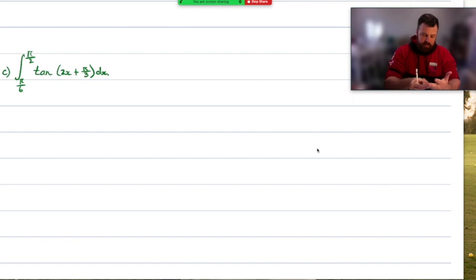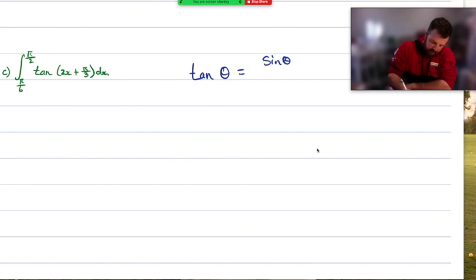Well, previously, when what we've been trying to integrate hasn't been in the greatest of forms for us, we've forced it to look like something else. So what do we know about tan? Well, I know that tan theta is just sine over cosine.